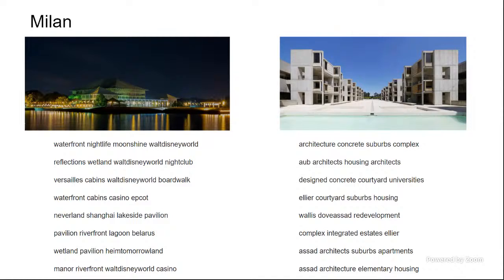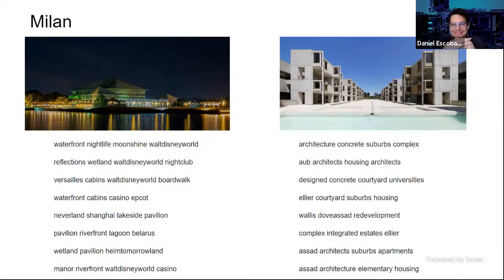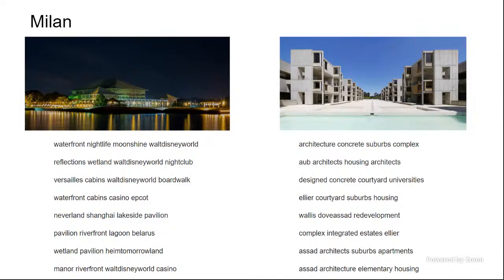So you can see the waterfront nightlife because of the vibe we are getting from the image. And it's also showing Shanghai in between, because I think of this roof structure. And it's also giving another prompt saying it's like a Walt Disney World casino. I don't know where it's coming from, but it was a very cool prompt.